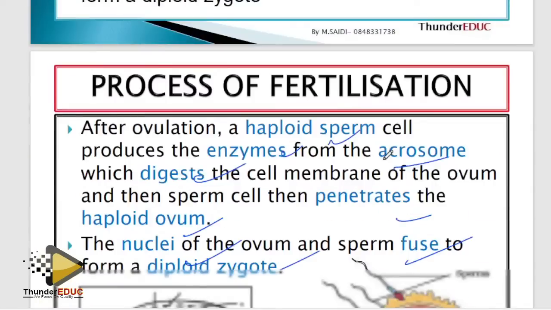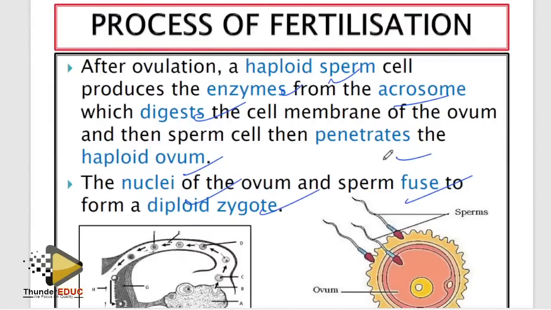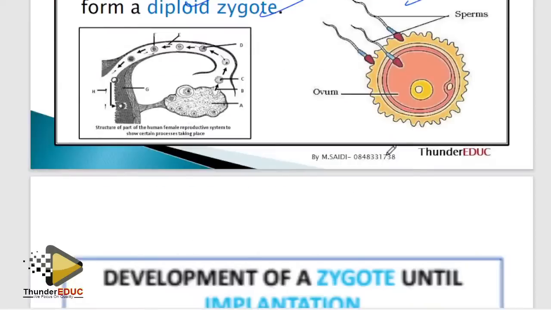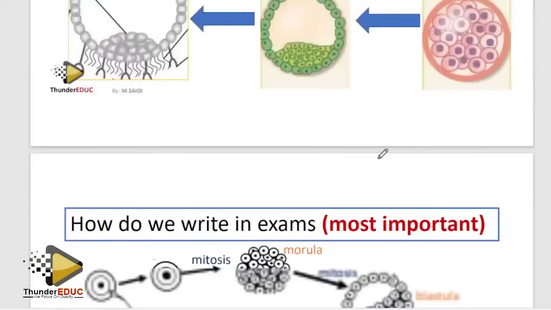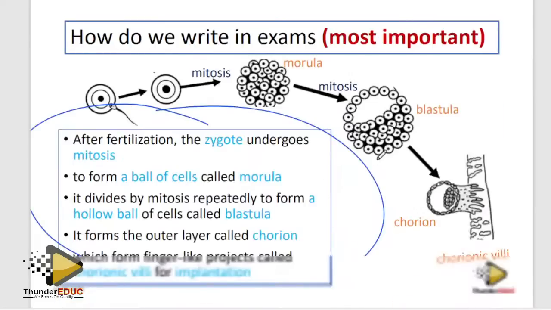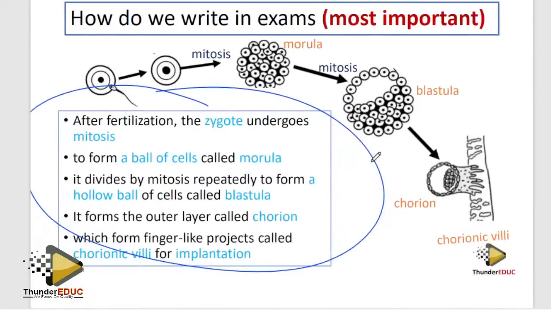Don't talk about the sperm comes and the enzyme on the sperm. They didn't ask you that. They said explain the development of the zygote until implantation. Don't talk about fertilization, you're wasting time.